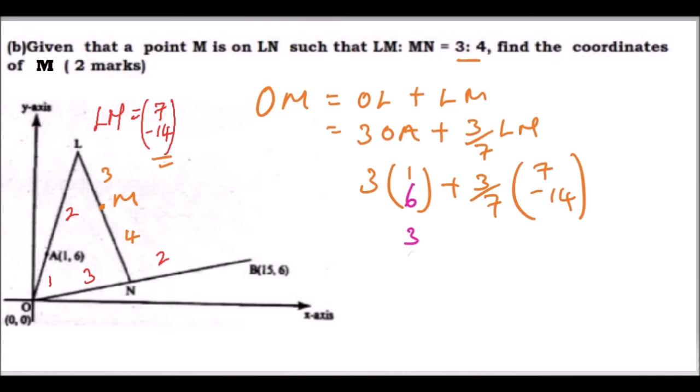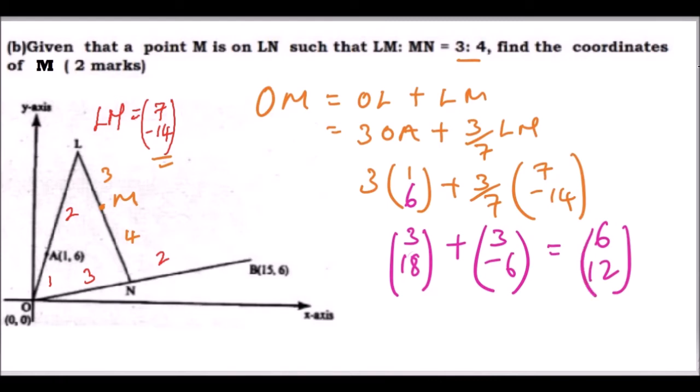We get 18 here. Plus, when you multiply here, 3 over 7 times 7 will give you 3, and this will give you minus 6. So this is equal to 3 plus 3 is 6, and 18 plus minus 6 is 12, meaning the coordinates of M are (6, 12), and that is how you work that out to get 2 marks.